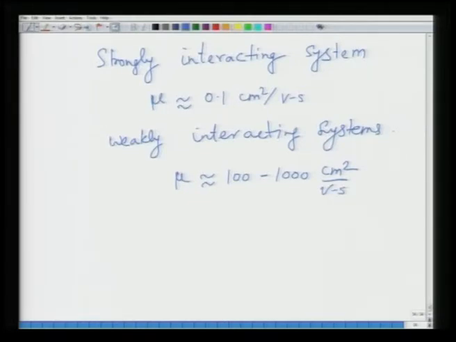So, I will give you some values of mobilities which you can have a look at and analyze yourself. For example, I will start with some of the ionic and non-ionic systems as well.